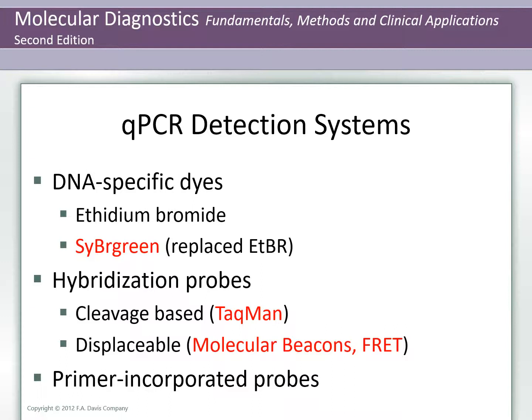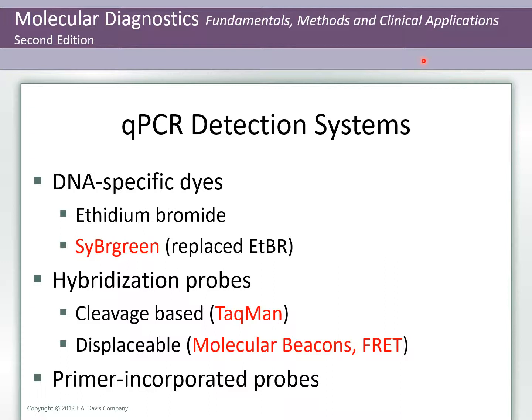Detection systems utilized in quantitative PCR include DNA-specific dyes, hybridization probes, and primer-incorporated probes. DNA-specific dyes are used to bind and fluoresce as targets are amplified. Ethidium bromide has been used in the past as it is specific for double-stranded DNA, but it's been replaced by SYBR Green due to concerns over toxicity.